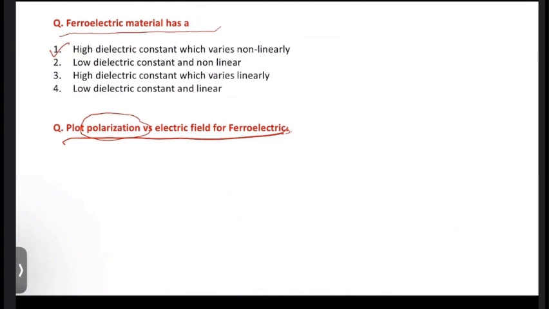How does it behave? This is P, polarization, and this is the electric field.